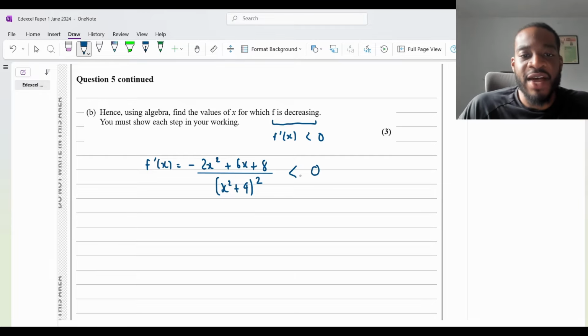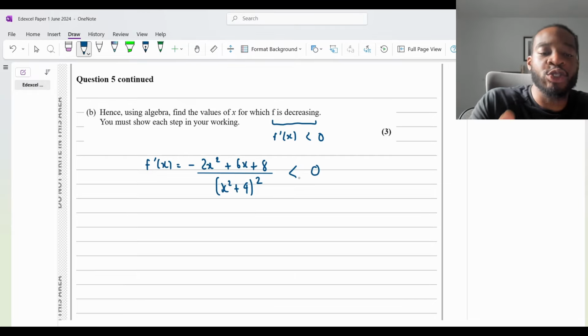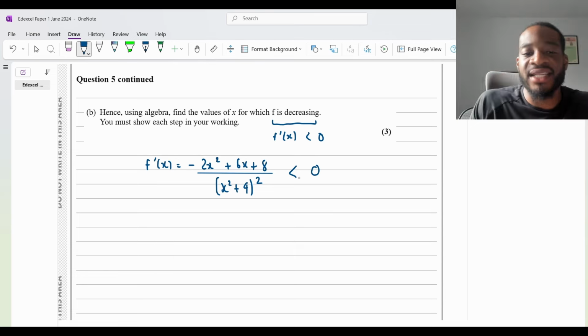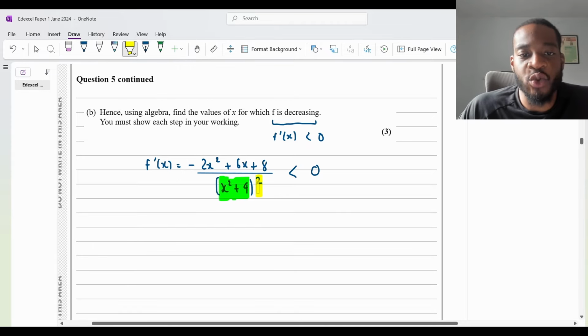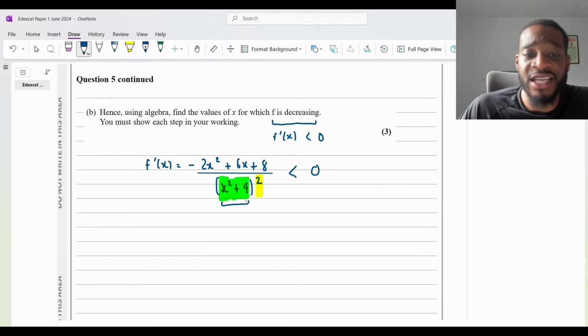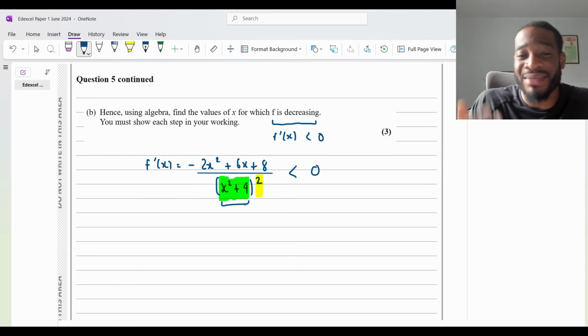Now, for what values of x would make this algebraic fraction negative? Inspect it. There are 2 parts to a fraction. You have the numerator, you have the denominator. If I inspect that denominator, I've got something inside which is being squared. Even the thing inside is always bigger than 0. The minimum value of that is 4, and then I'm squaring that, so at minimum, it's going to be 16.